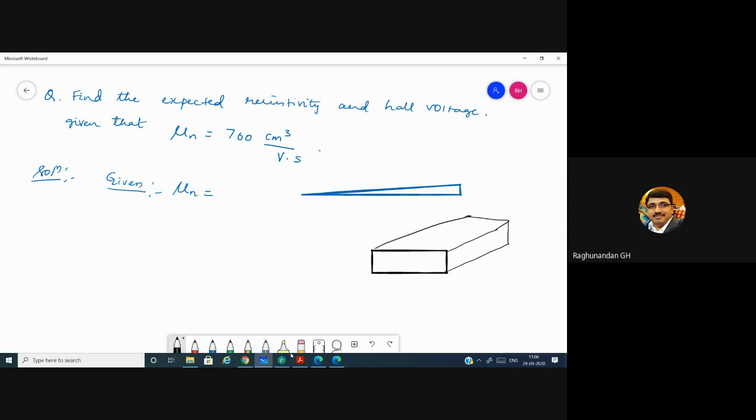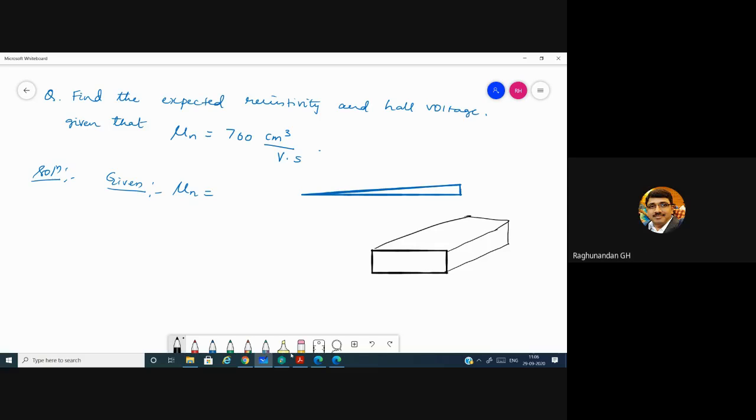I'll give more clarity on this. Say a P type material, if you have, due to doping, you might have electrons also in that. But the majority charge carriers will be holes and the minority charge carriers will be electrons. If you take N type material, the majority charge carriers will be electrons and the minority charge carriers will be what?